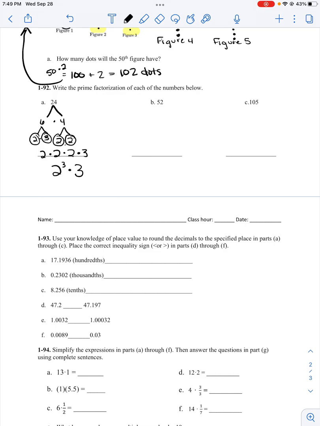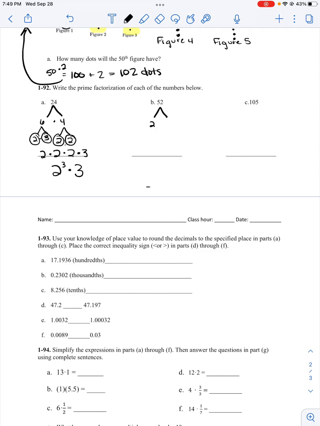Problem 52, or part B, we're looking at number 52. I might not know off the bat what goes into 52, but I know that 2 does, because 52 is even. So 52 divided by 2, okay?